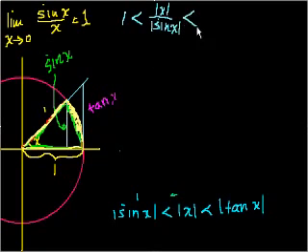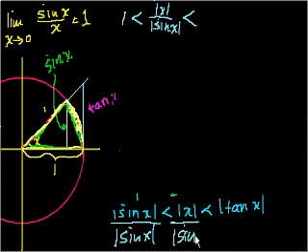which is less than, what's the absolute value of the tangent of x divided by the absolute value of sine of x? Well, tangent is just cosine over sine, right? Oh, sorry, it's just sine over cosine.